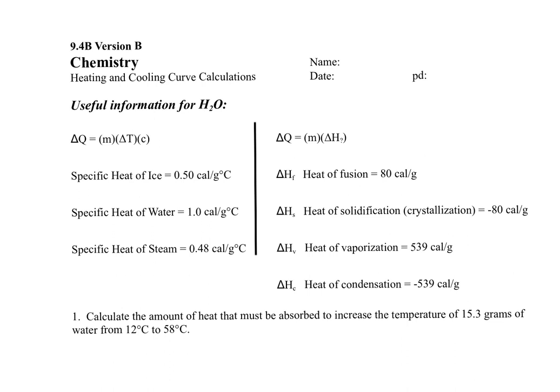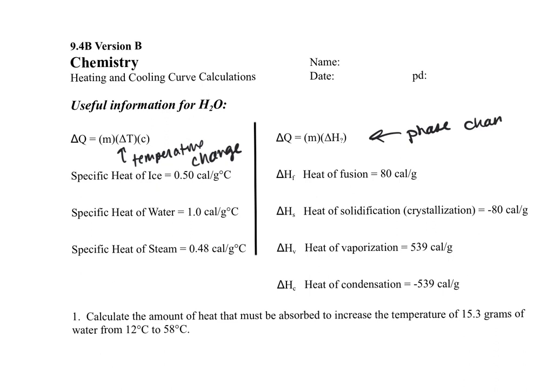So the things that we want to keep in mind, there's two different equations that we could potentially use to calculate energy. The one that we see on the left is going to be for temperature changes, and the one that we see on the right is going to be for phase changes.